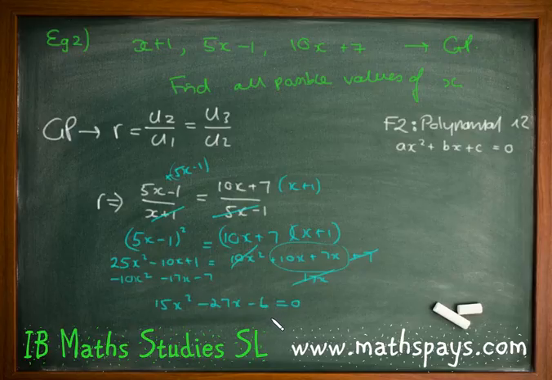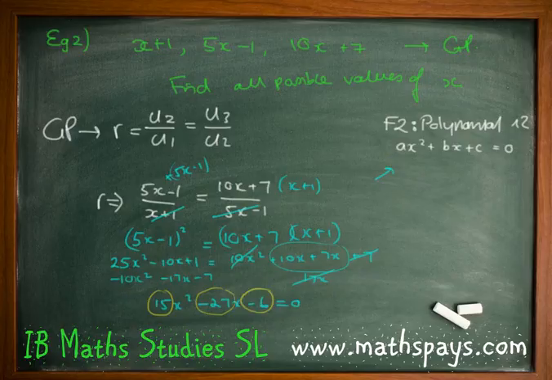Okay, from this point forward, we have got it in this ax squared plus bx plus c equals 0. So we can go ahead now and solve this via that F2 polynomial solver by entering the numbers 15, negative 27, and negative 6. Alright, so go and do that.